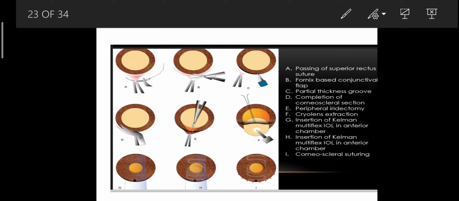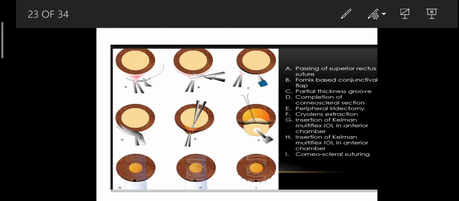We are making a corneoscleral section, followed by peripheral iridectomy, which may be performed. See, we are holding the iris and cutting with Vannas scissors, cutting a small part of the iris. This is mainly to prevent postoperative pupillary block glaucoma, because the vitreous can come and block the pupillary area, which can lead to glaucoma. So we do a prophylactic peripheral iridectomy.